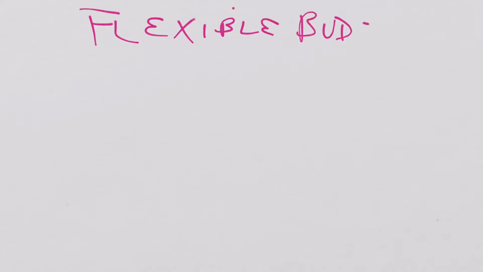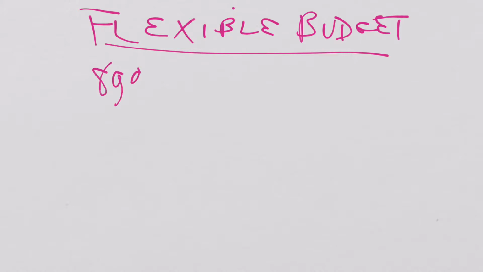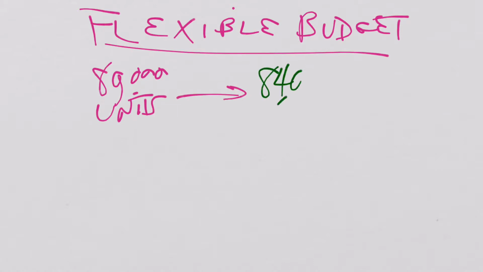Next topic is the flexible budget. Here I want to point out that you just need to be able to remember that if you have a budget where you got 80,000 units and you're told to make a flexible budget using 84,000, so you're going to change the budget.